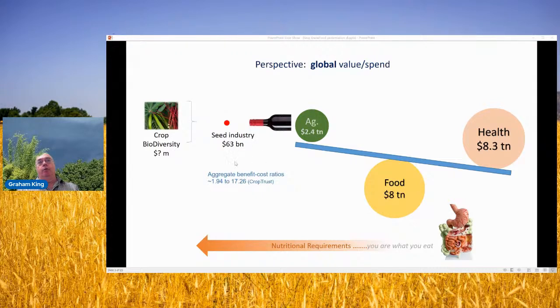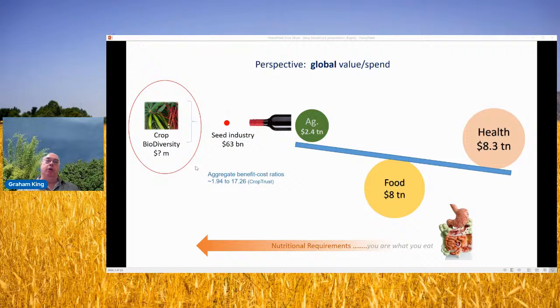Although the agri-benefit costs are incredibly favorable, whenever there's investment in harnessing crop biodiversity, the returns are usually pretty good. So there's much to do, and much of this depends on understanding what's in the crop biodiversity germplasm basket, if you like, food basket.